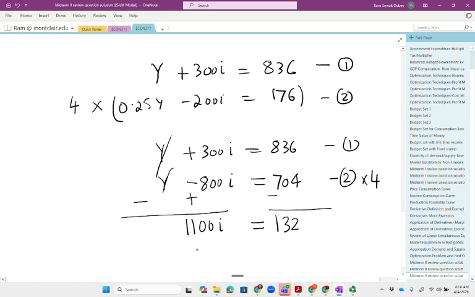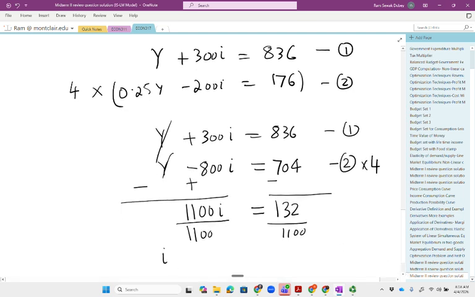Given this, now I have one equation, one unknown. It is easy to solve. I can divide both sides by 1100, so I by itself on the left hand side is 132 over 1100. We can check that 132 is divisible by 11.